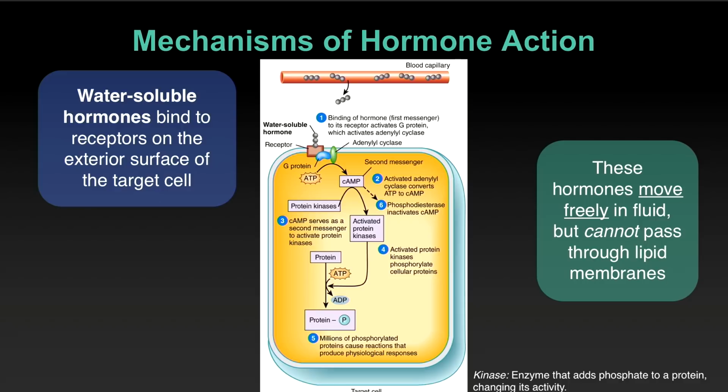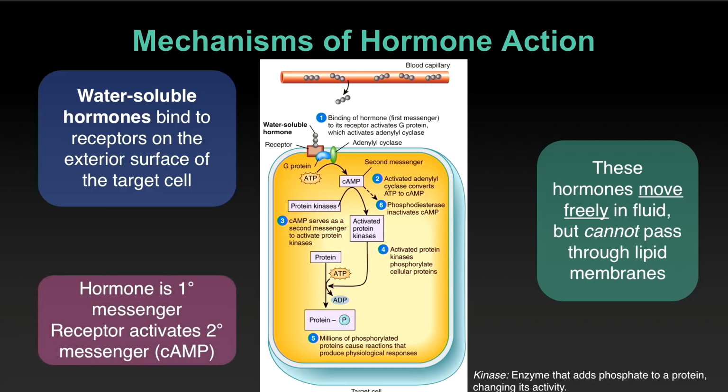They need a way to signal the fact that they are there in abundance. And so in this case, the hormone acts as the primary or the first messenger. It's the first link in the chain of eventually bringing about a change in activity.